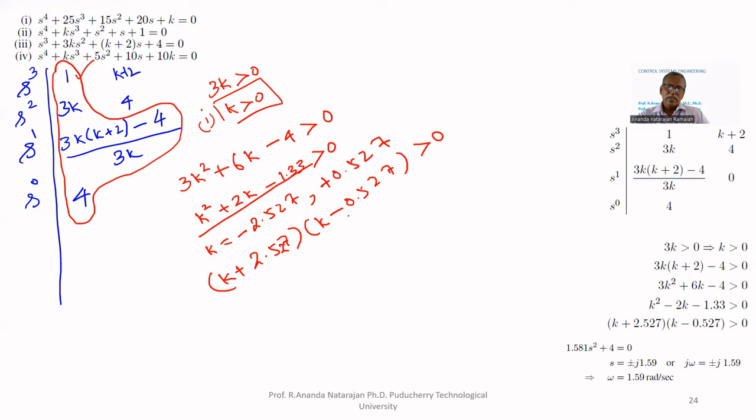So what should be the value of K? K should be greater than 0.527.